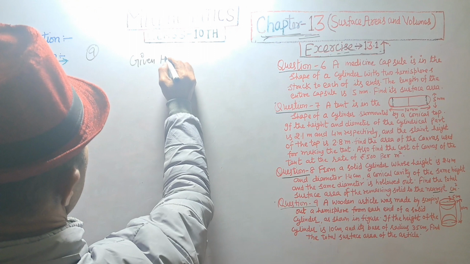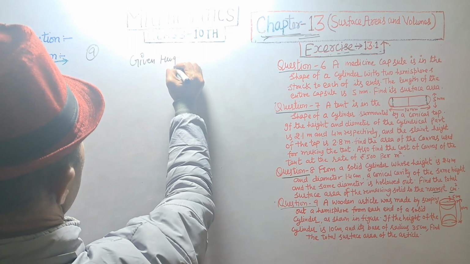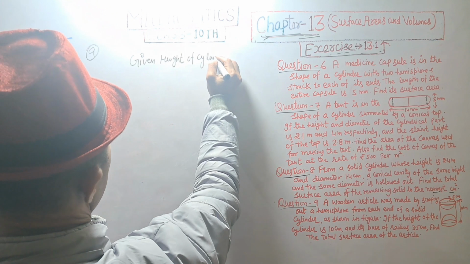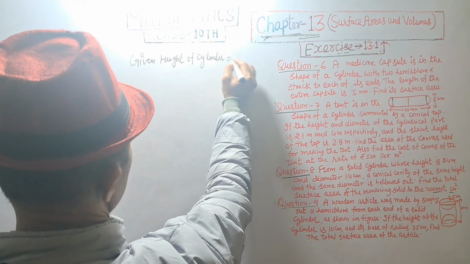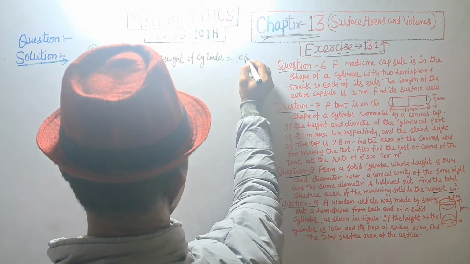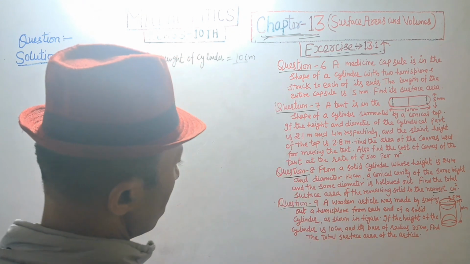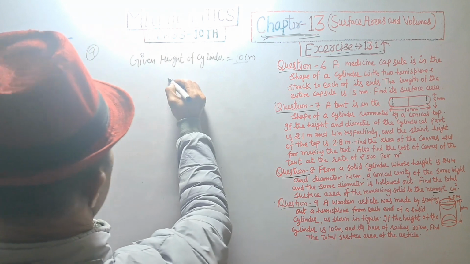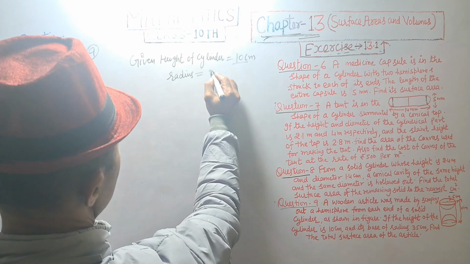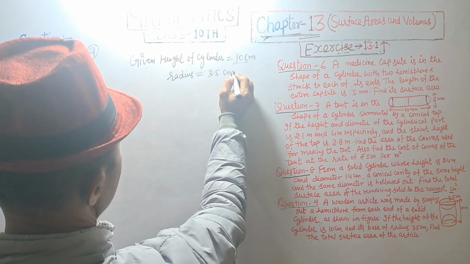Given, height of cylinder is equal to 10 centimeter. Radius is equal to 3.5 centimeter.